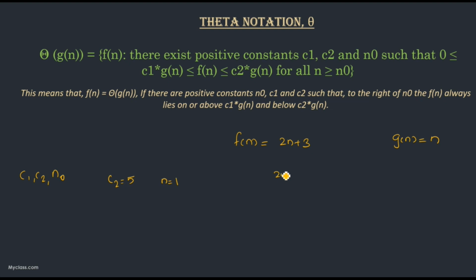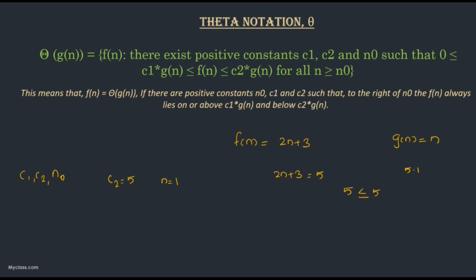That means 2n plus 3, 2 into 1 plus 3, equal to 5. It means we can write 5 is less than or equal to 5 into n, 5 into 1, that means 5.